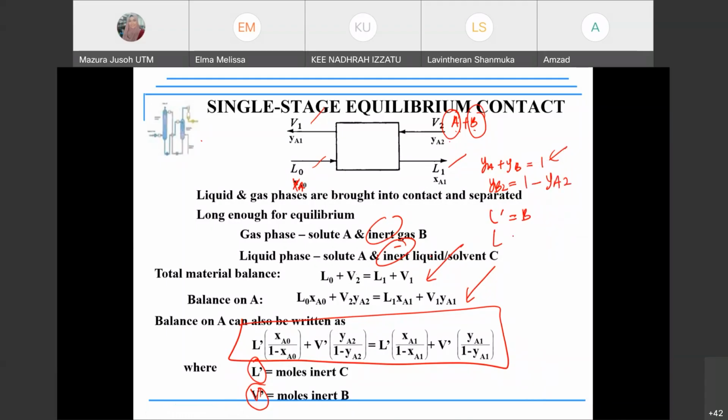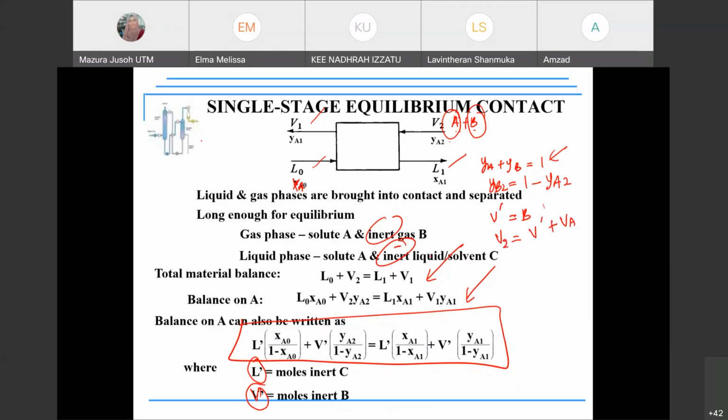So not L, we will talk on Y. So V prime. V prime is only B. So now V is actually V prime plus V of A, isn't it? V2.